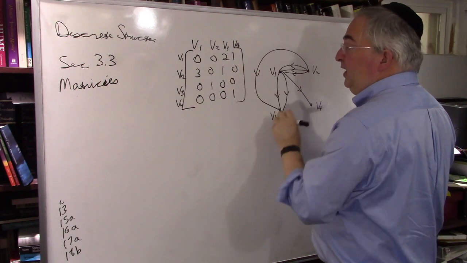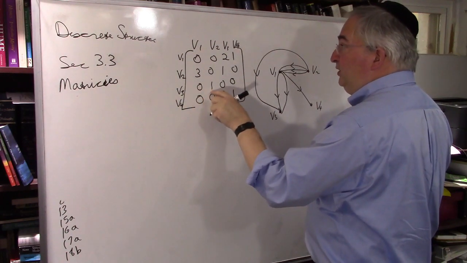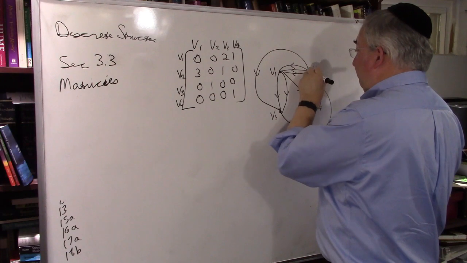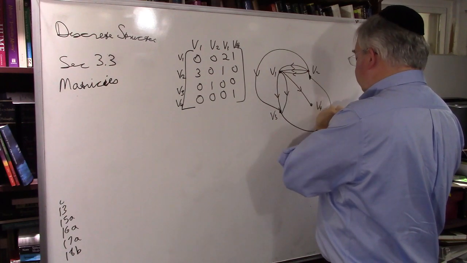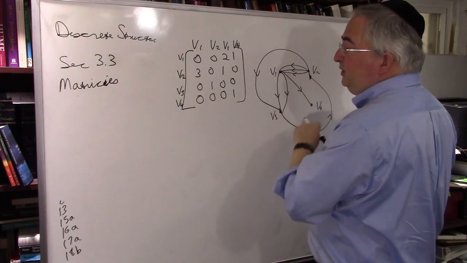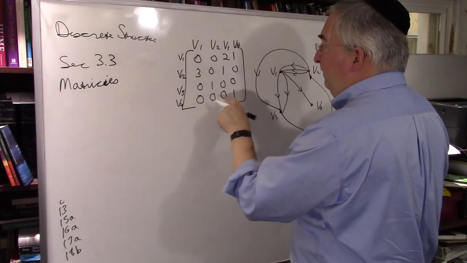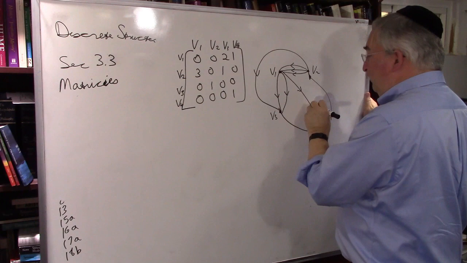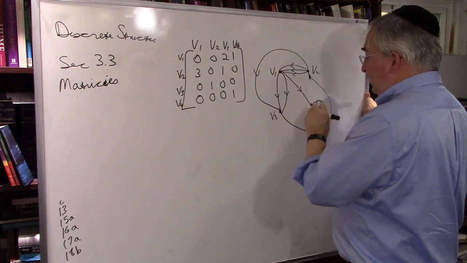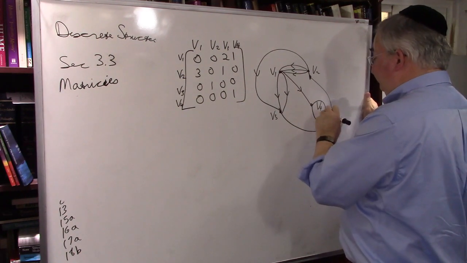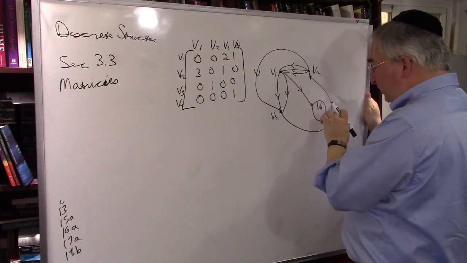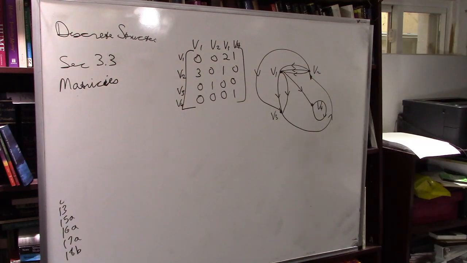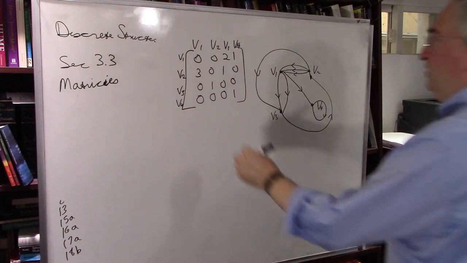So we're going to make it like that. Okay, from V3 to V2, there's 1 arrow. So there's one going this way, there's one going that way. That's V3 to V2. From V4 to itself, there's an arrow. Doesn't matter what way they put that arrow. Okay, so that takes care of that. That's 17A.